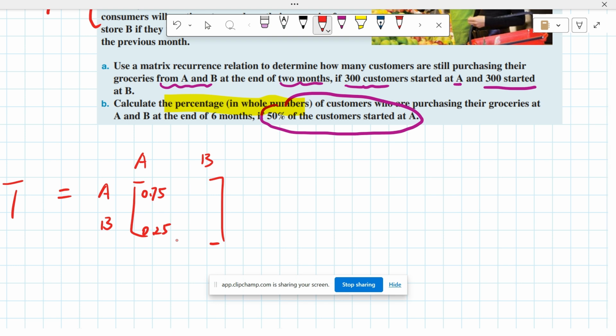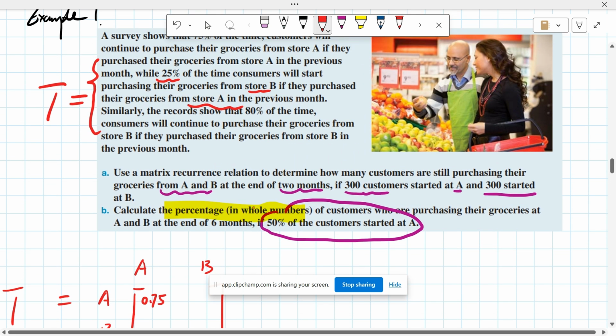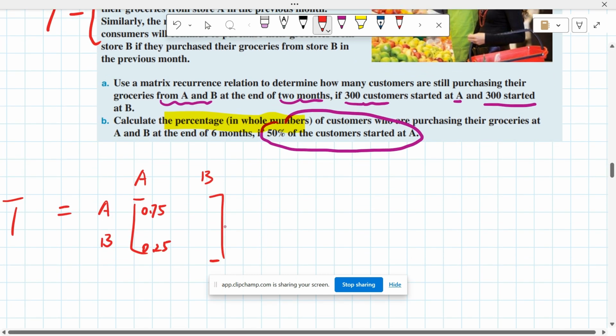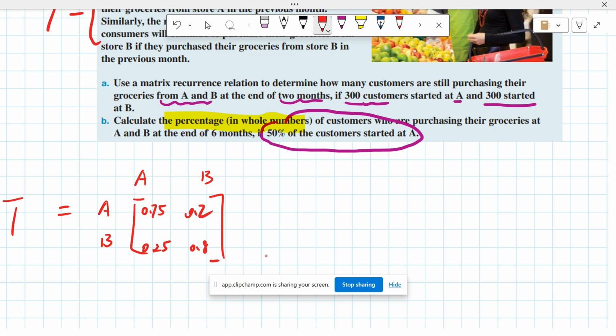Another part of the diagram: 80% of the time customers purchasing from B stay with B. So 0.8 and 0.2. Adding together they have to be 1. That's the transition matrix.